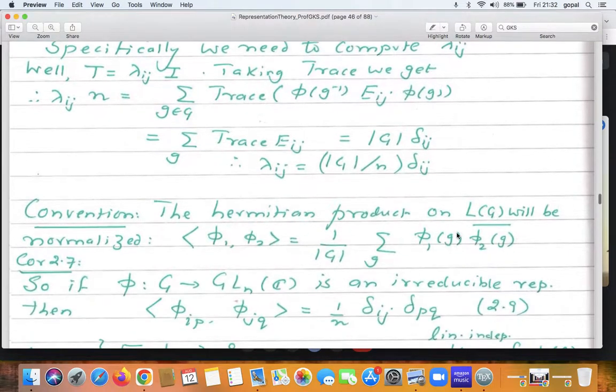So the Hermitian product on L(G) will be taken to be 1 upon |G| times the sum. I'm going to average. I'm going to take the standard Hermitian product and divide by the dimension of the vector space. Remember, our vector space L(G) is |G| dimensional.